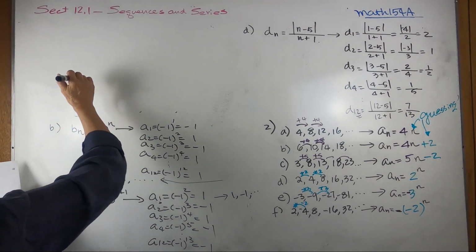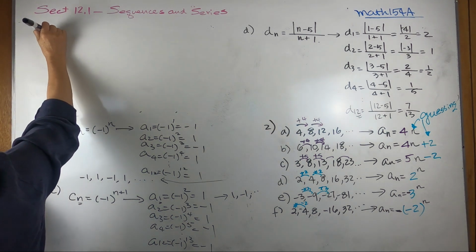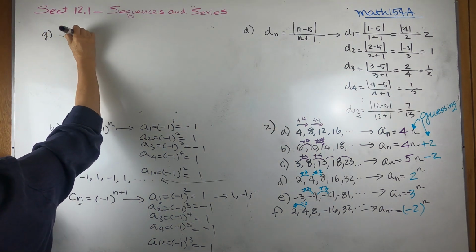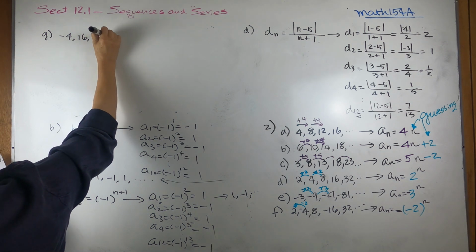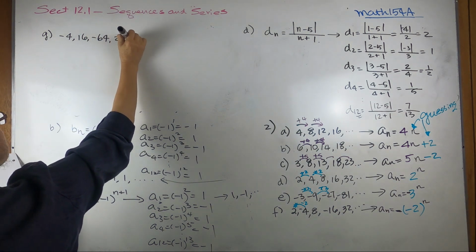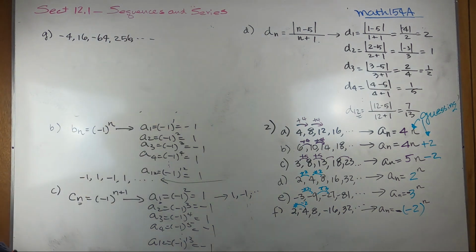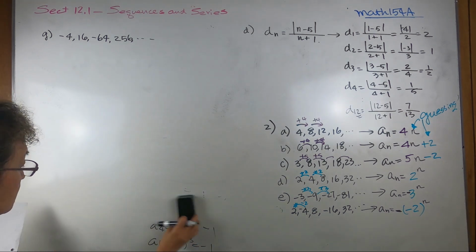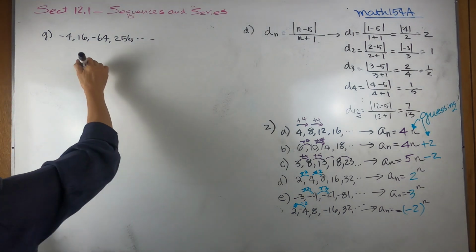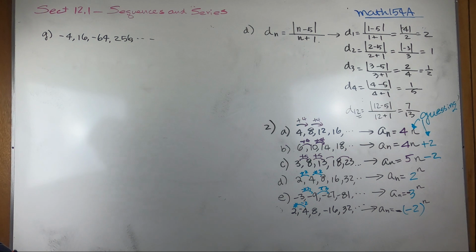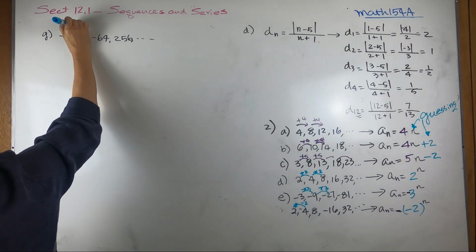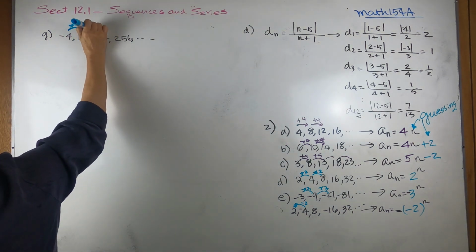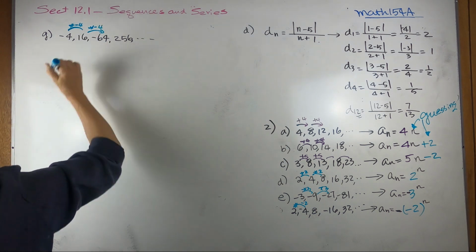Okay, let's take a look at the next one. If the sequence is -4, 16, -64, 256, and so on, we are multiplying by what number? -4. Right?